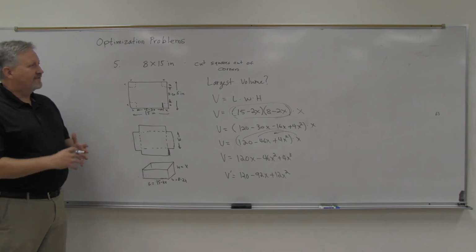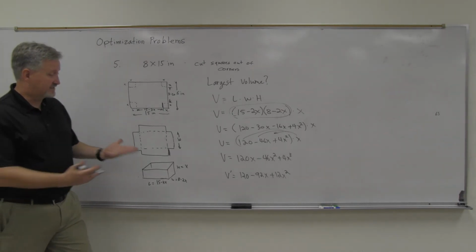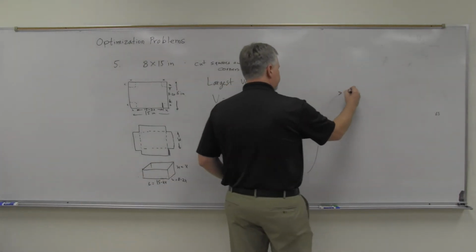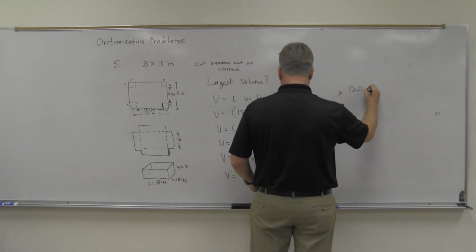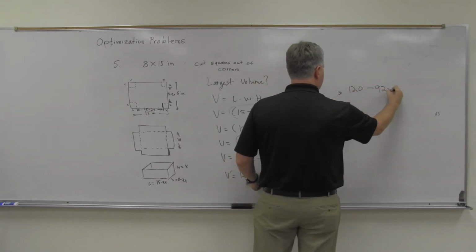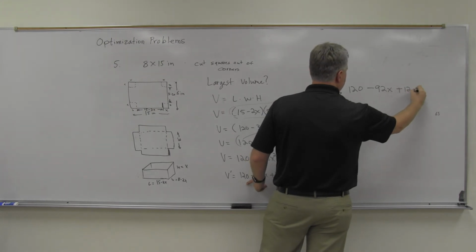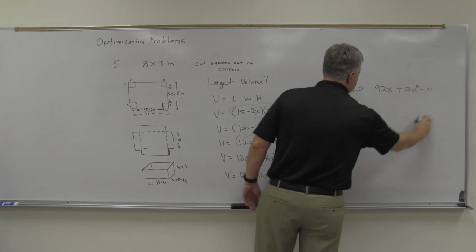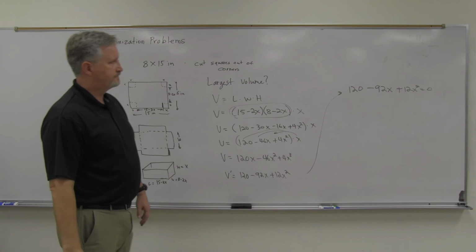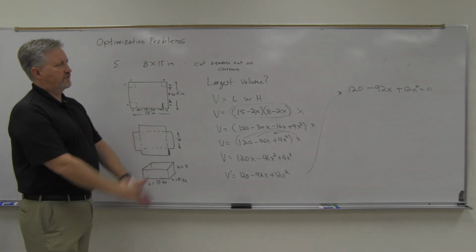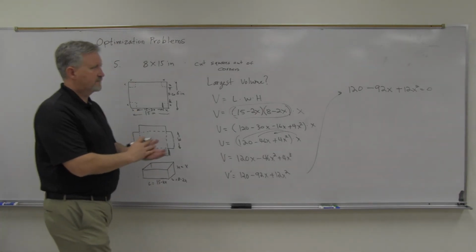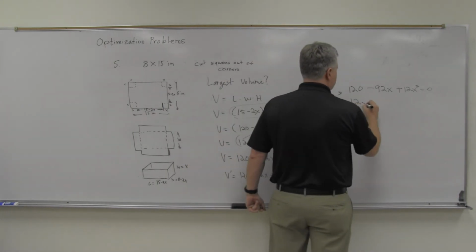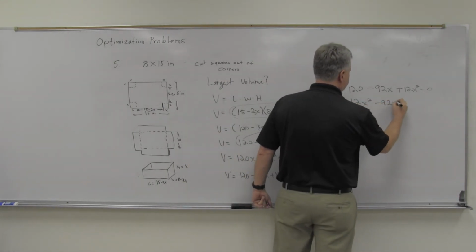Why does that help me? Well, I'm trying to find the critical numbers, which is where the derivative equals 0. Which you could go to the quadratic formula there. Let's turn it around first, with the x squared first.